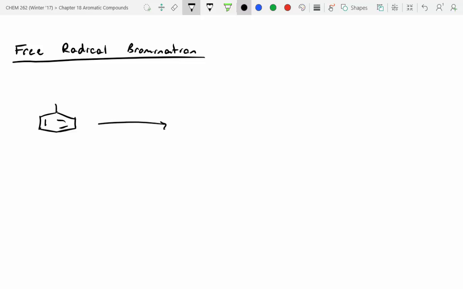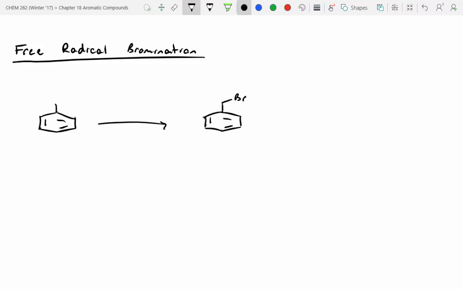And what if we want to brominate our benzylic position? What reagent could we use? Molecular bromine? Not quite. What do we use for allylic bromination? Oh, that. NBS, right?